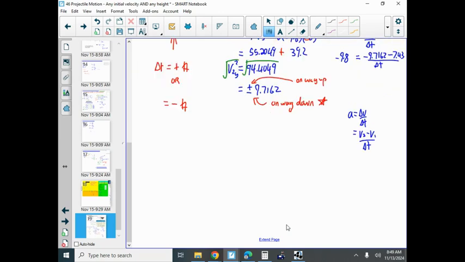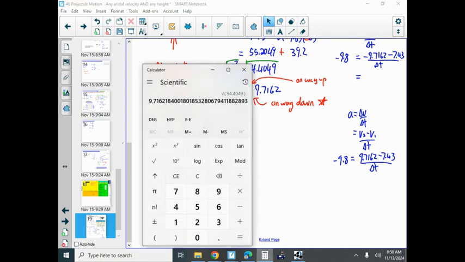The other one is going to be the positive 9.7162 minus the 7.43 and the negative 9.8. Right? So we're going to have the 9.7162. Might as well just use that, I guess, extra decimals.